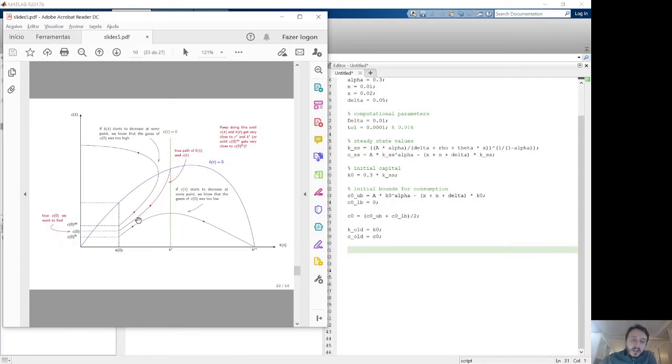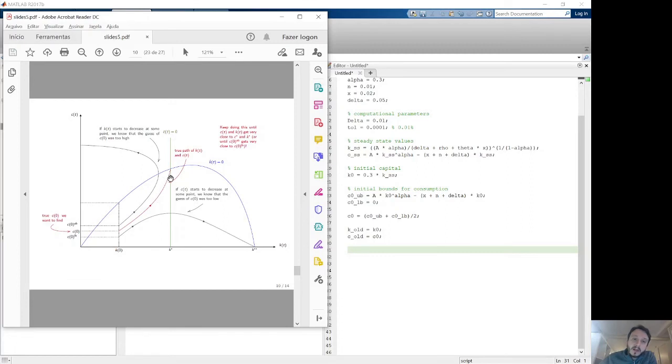One thing that can happen is that we are simulating this path, and then we get a new value of capital and consumption that is very close to the steady state capital and consumption. If this happens, we're gonna tell MATLAB two things. First, to stop simulating the paths of consumption and capital, and second, to stop updating the bounds of the interval, because we have already found the solution. Okay, C0.